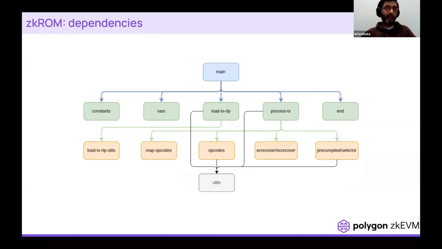So these are basically the current names of the files that we have in the zkROM and all its dependencies. In case you enter the repository and check, it's all open source in GitHub, you will have an idea of all the dependencies. The entry point is the main, and we have the context, loading transaction, and so on. We'll go over these files in the following slides.